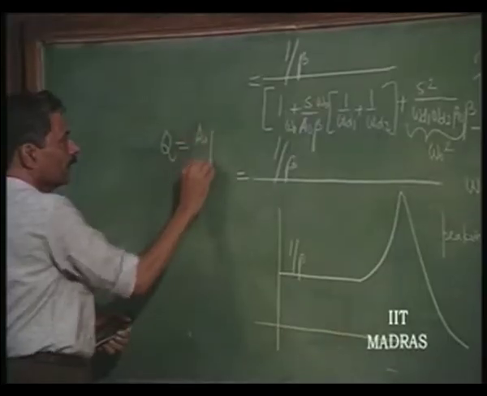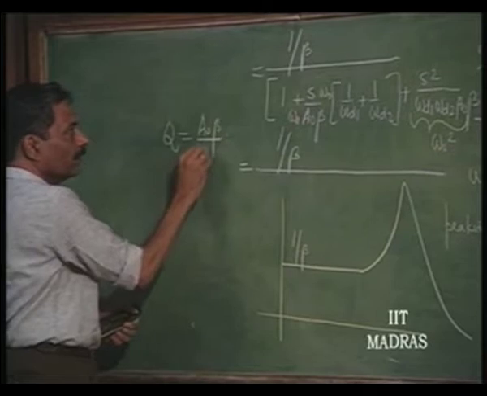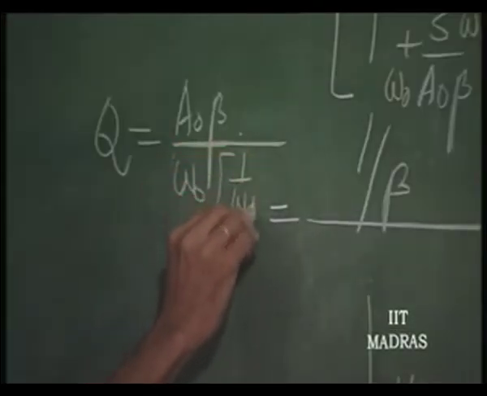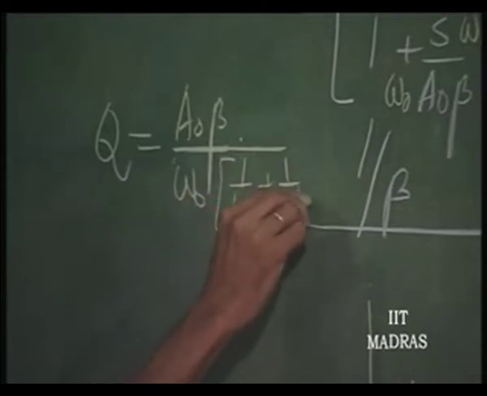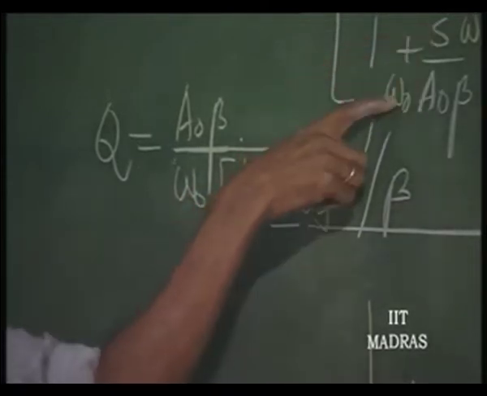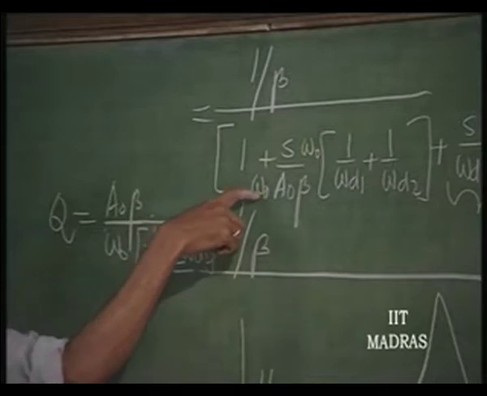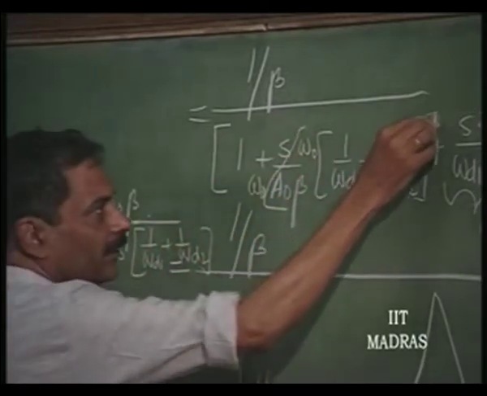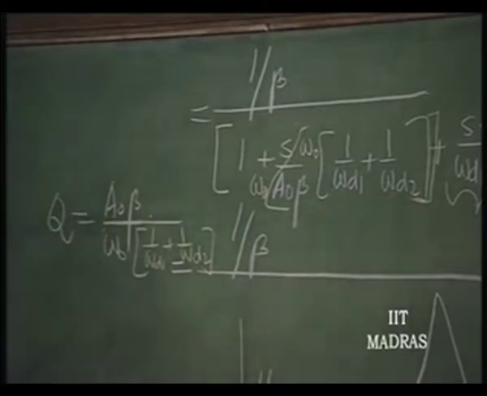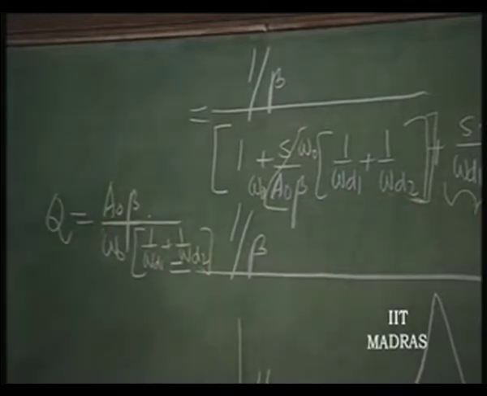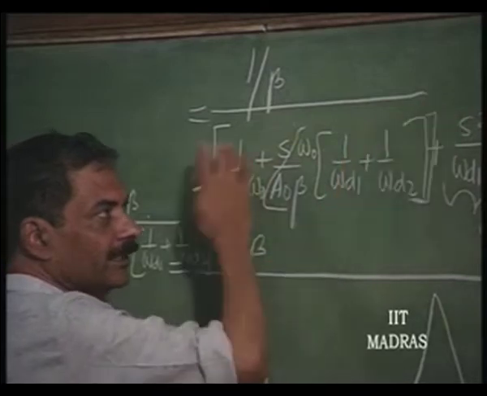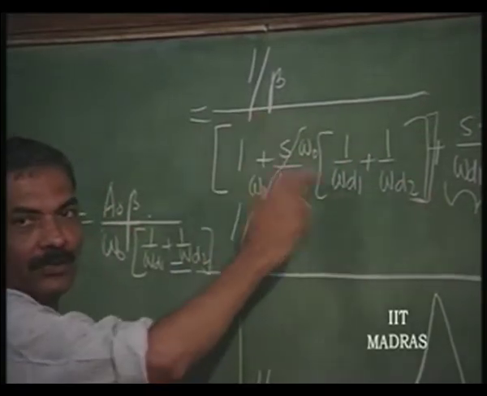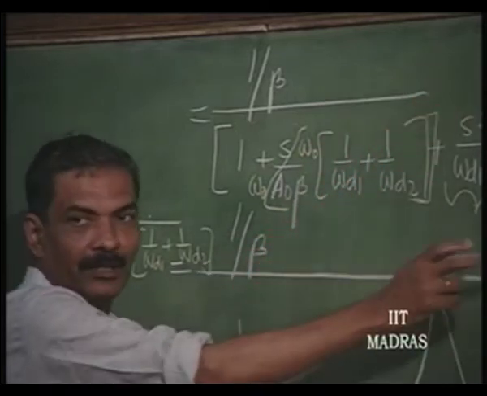So, this Q is a naught beta by omega naught into 1 over omega d1 plus 1 over omega d2. If I divide by omega naught and multiply by omega naught, this factor is nothing but 1 over Q. You have been habituated to writing this as a normalized component as 1 plus S by omega naught Q plus S squared by omega naught squared.